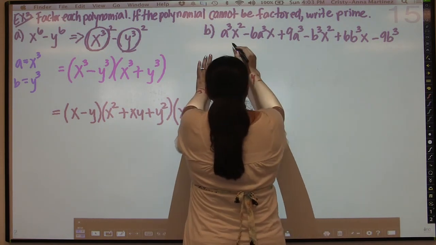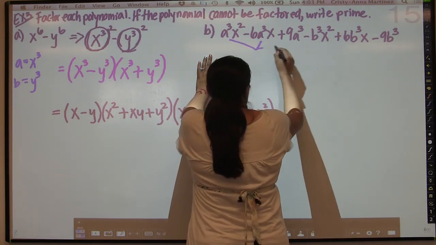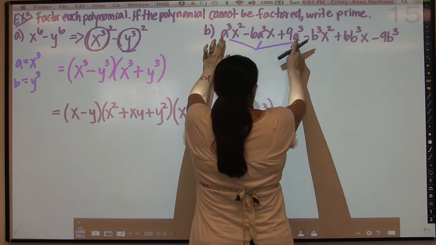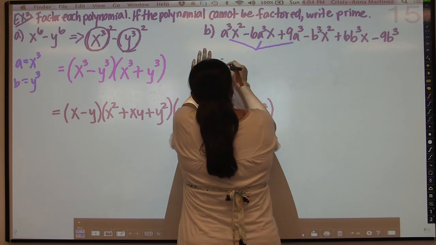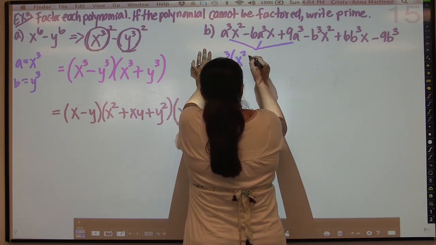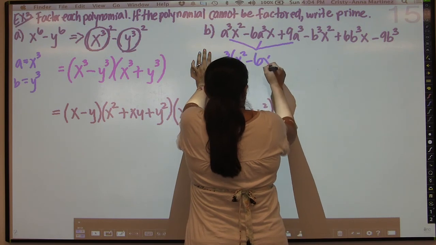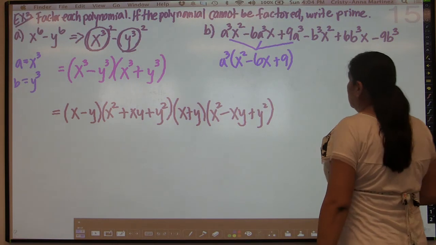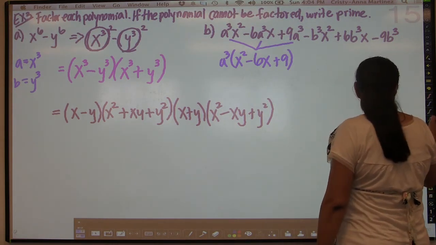So I'm going to group these 3 terms together. And they all have A cubed. So I'm going to get x squared minus 6x plus 9. Since they all have A cubed, that's actually worked out quite nicely.